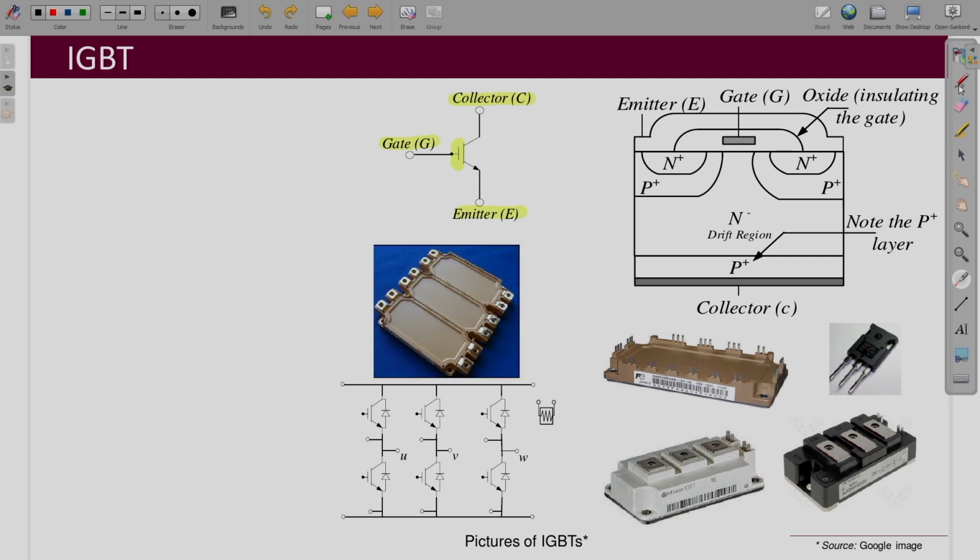So, now what we observe from here is that on the gate side it is like your MOSFET, and on this collector emitter side it is like the BJT.